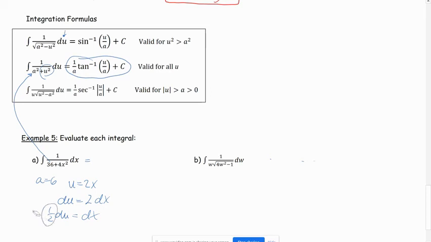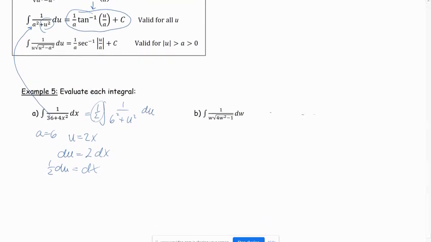And so that's where it's still important that you rewrite the integral. And so this is going to be 6 squared plus u squared, and dx gets replaced by 1/2 du. And again, if you didn't do that substitution step, then you wouldn't have the 1/2 in front. And if you just used the right side of the equation only and didn't do the substitution step, you'd be off by that factor of 1/2.